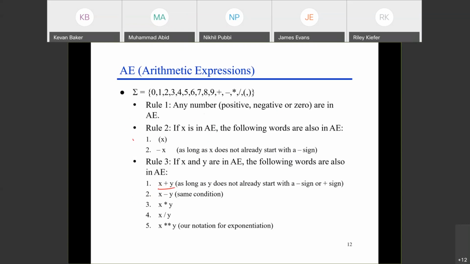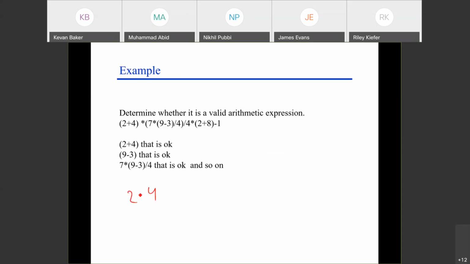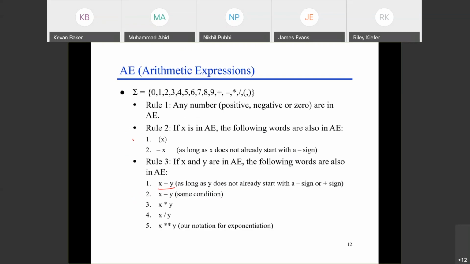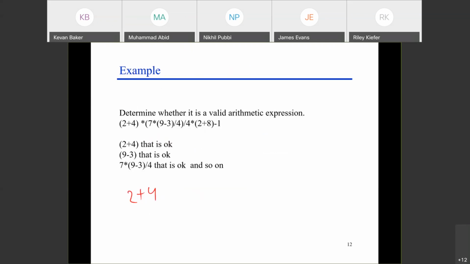This will still be an arithmetic expression. So 2 plus 4. And then you are saying that whatever term you have, you can put parentheses around that. It will still be an arithmetic expression, and you put the parentheses around that because this is now your x. We consider this as one term, and exactly this way you generate 2 plus 4.